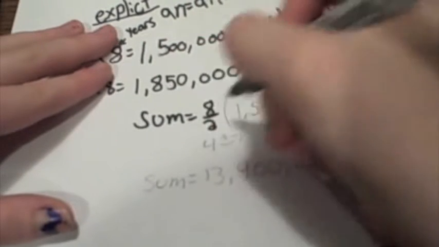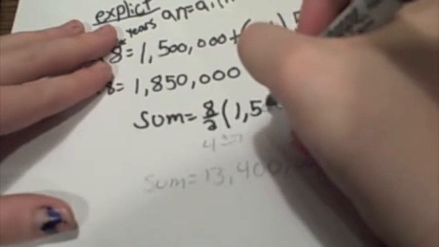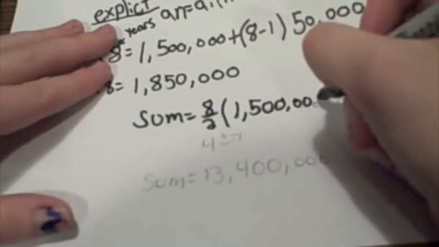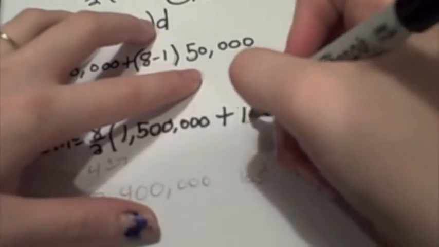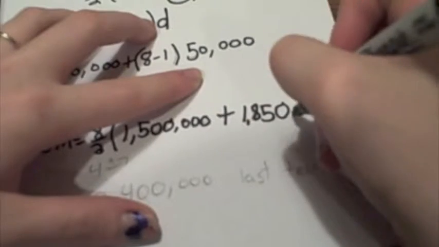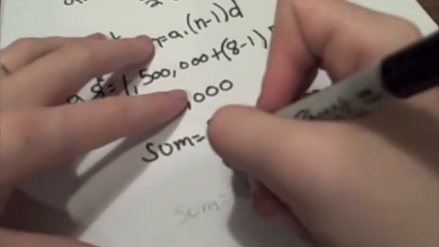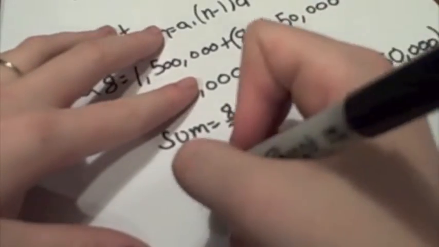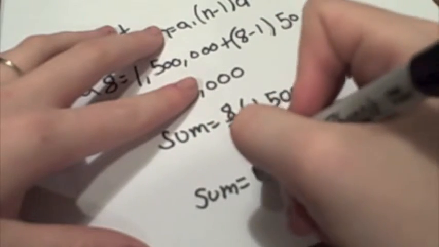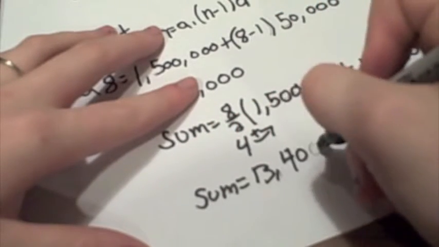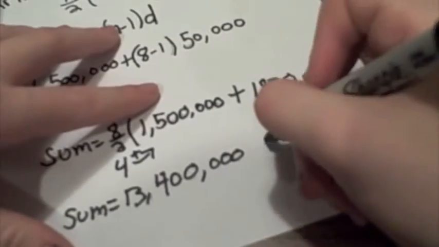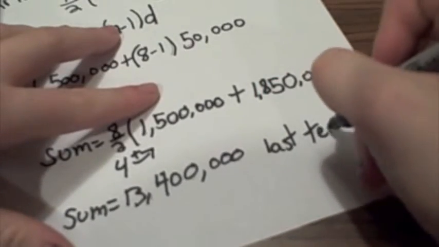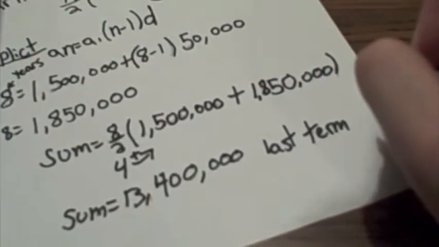To plug everything back in, the sum would be 8 over 2, which would be 4, times (1,500,000 plus 1,850,000), equaling 13,400,000. And that would be our last term, so that would be how much money he would get.